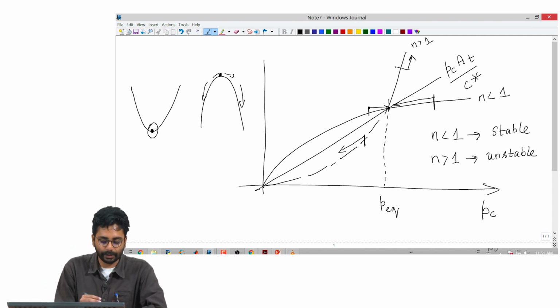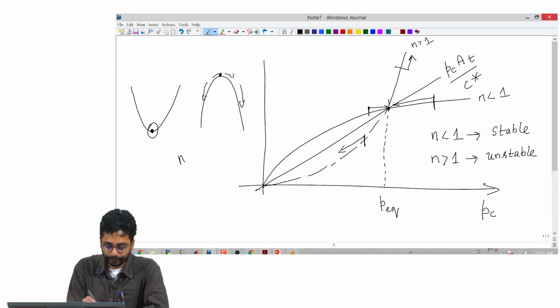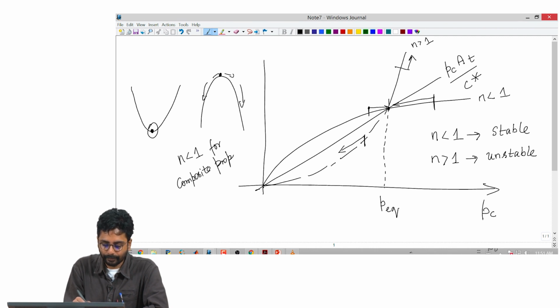But as it turns out, for all composite solid propellants, the index is usually less than 1, and therefore they are statically stable. So, static stability is always ensured with composite solid propellants.